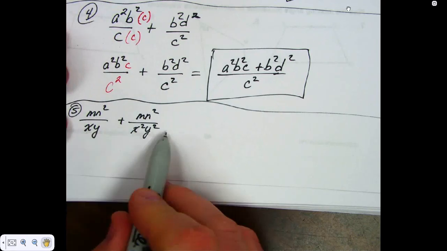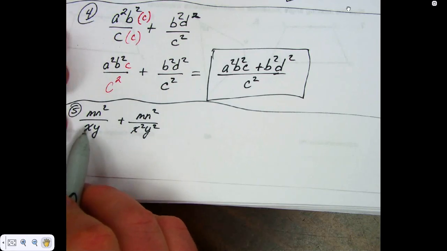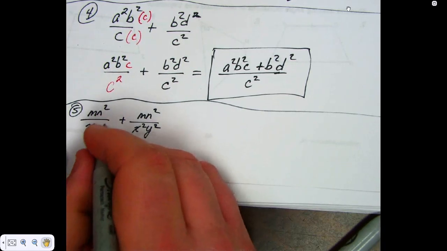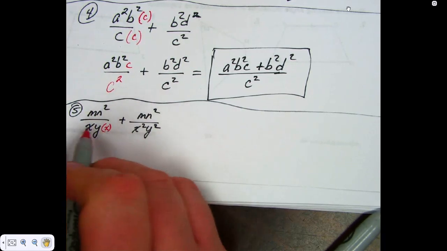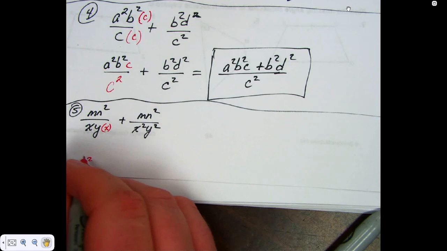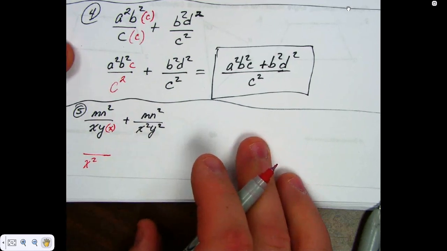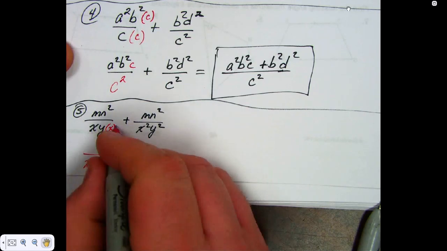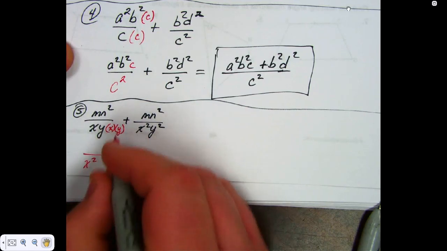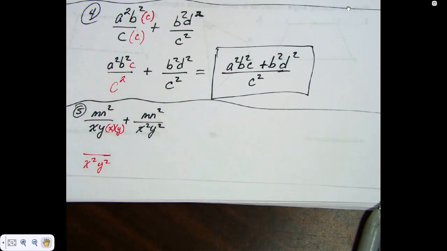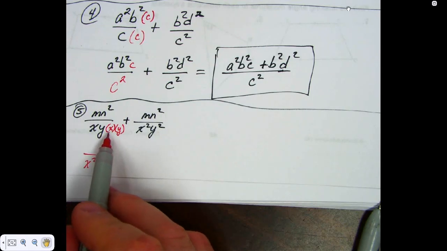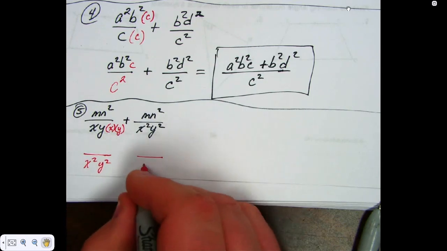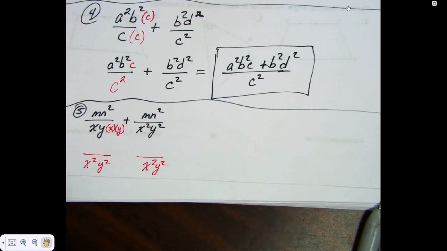But you ought to be able to look at this and say, hey, if I multiplied that times x, wouldn't x times x give me an x squared? Everyone agree? So that'd be part of what I need, right? But also, if I multiplied it times y, a y times a y, I'd get y squared. So you can see that if I multiplied the bottom times x and times y, I'd get x squared y squared, which would give me what? Common denominators.